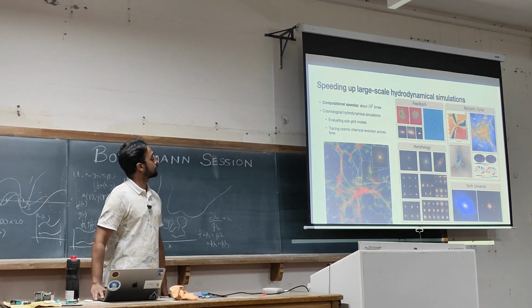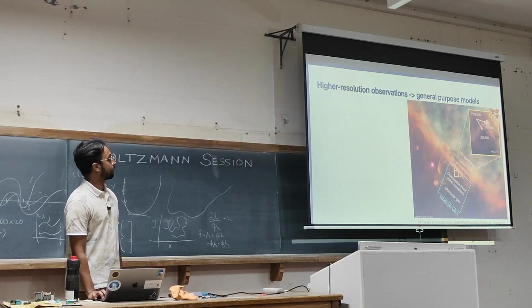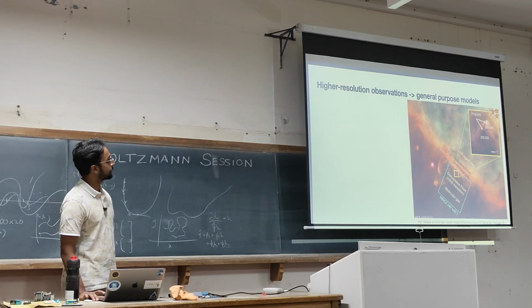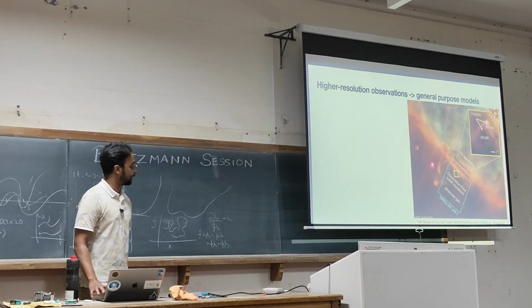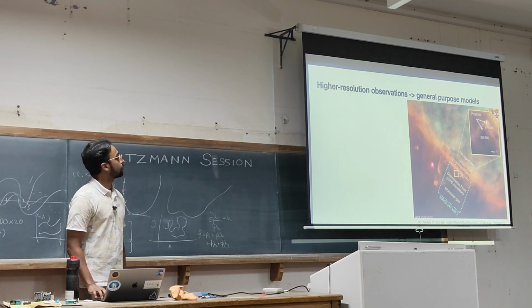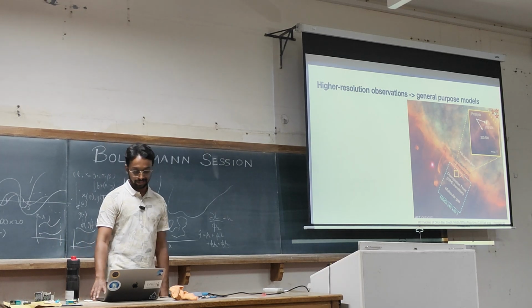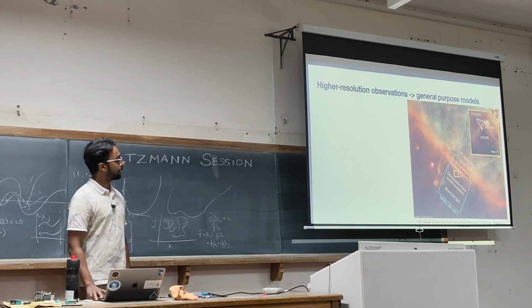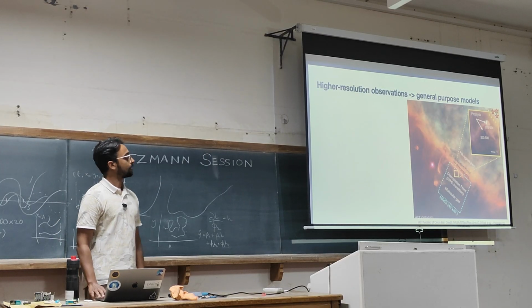Another application was actually one of the motivations of my project. When JWST came out, one of the first observing cycles they did was on the Orion Nebula and nearby regions. With very high resolution observations, they found the presence of a protoplanetary disk in the region where the PDR is.